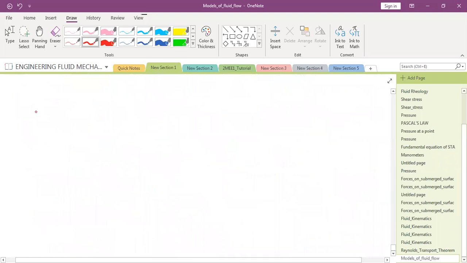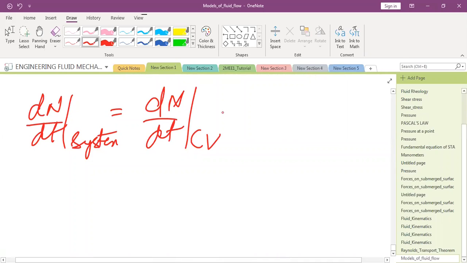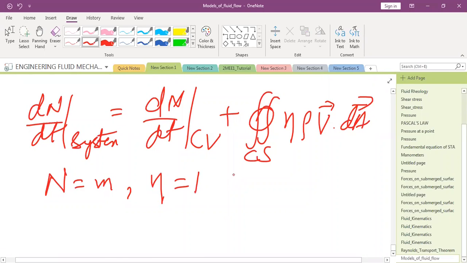So when I write down this, now carefully help me write this down: dN by dt over the control volume plus surface integral of n rho v dot dA. Now when N is equal to m and small n is equal to 1, what do I get?